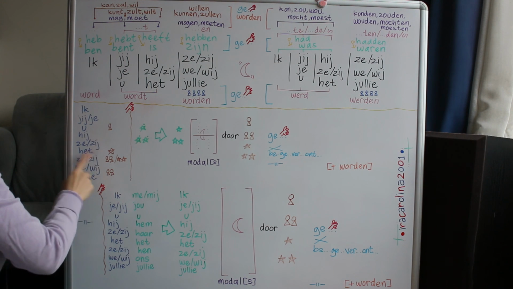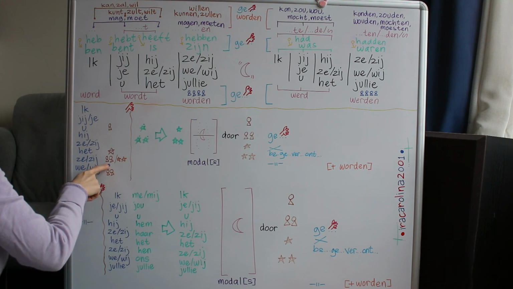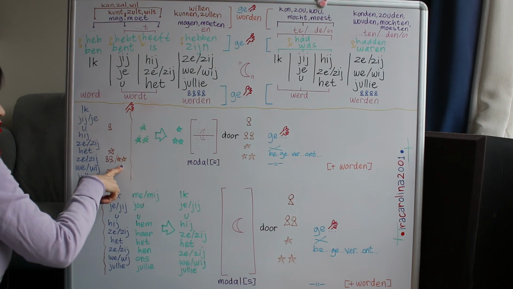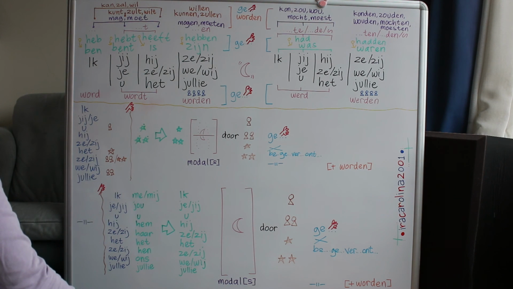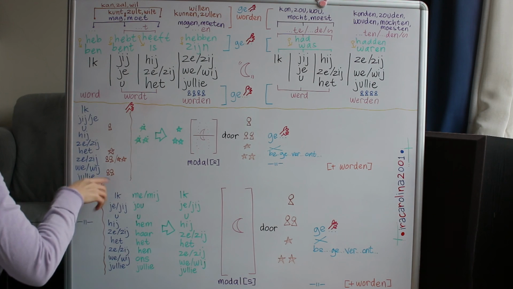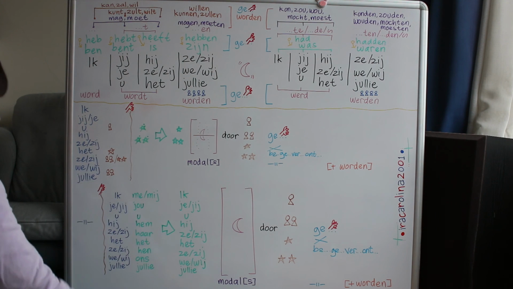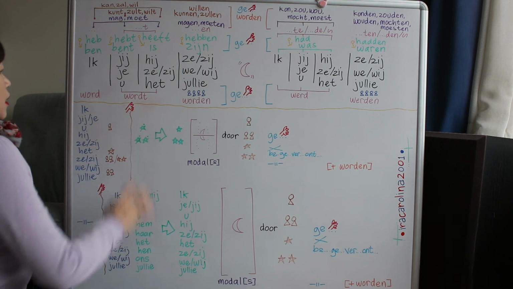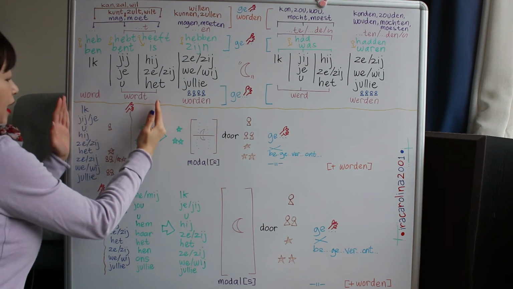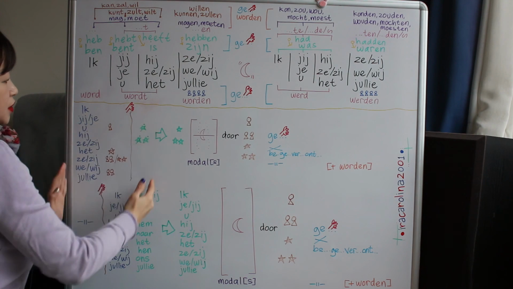For they, zij, can be person, can be thing, can be more than one person, can be things. We, wij, we, person. This is the active sentence pattern.